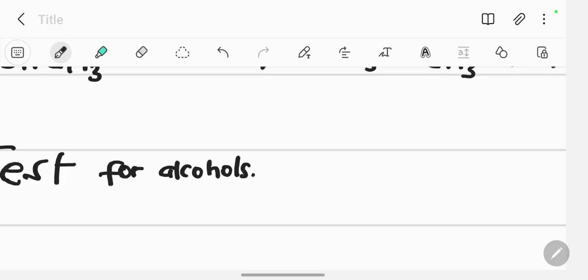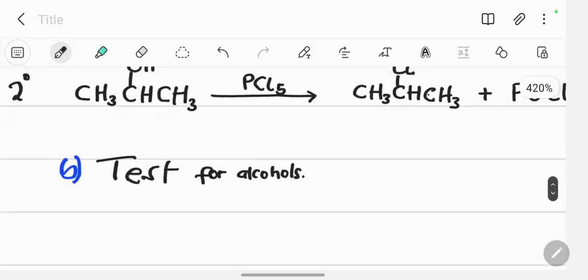So under this, we shall find out that when I react an alcohol with dry hydrochloric acid or dry hydrogen chloride in presence of zinc chloride as a catalyst, I end up with an alkyl chloride.